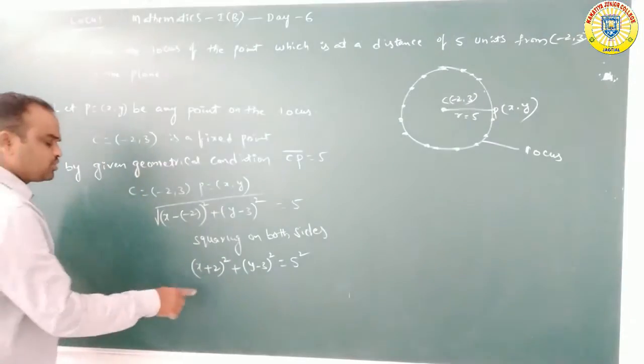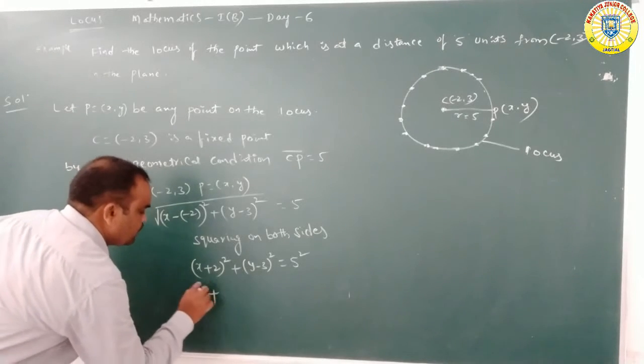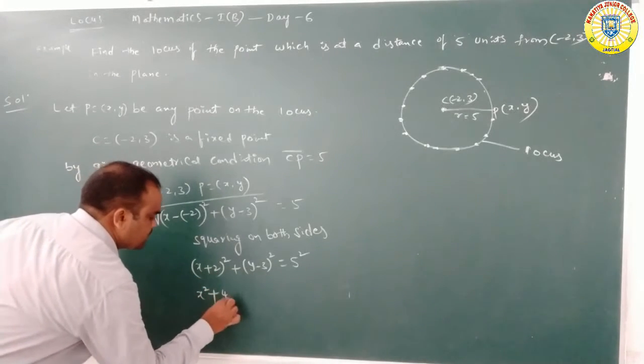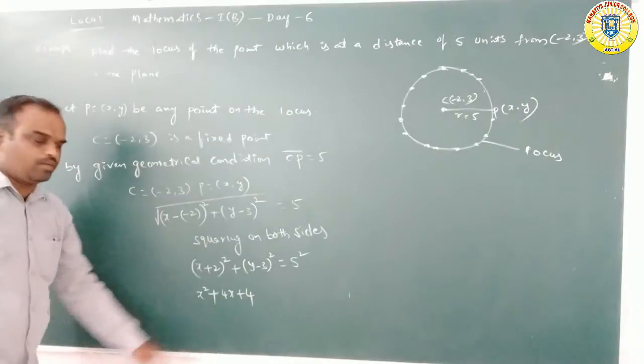Now we are expanding this. (x plus 2) whole square is x square plus 2ab, 2x into 2, 4x, plus b square, 2 square is 4.